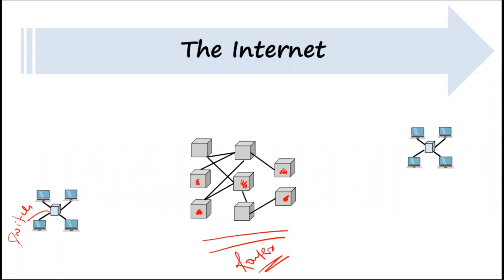And why is this done? The reason is, let's take this example. This router need not worry about many connections. It only needs to worry about the connection between this router and this one. Only this connection they both have to worry about. Why? Because if this connection is broken, then this router would be in trouble. So they make sure that this connection always stays in touch.